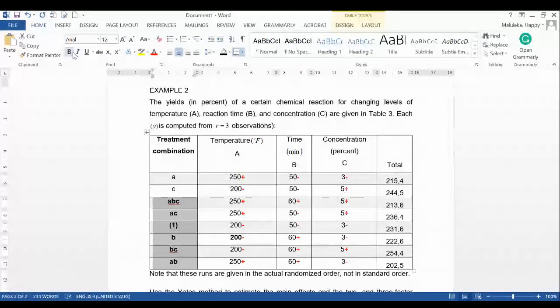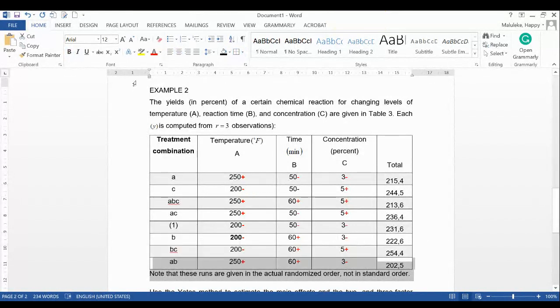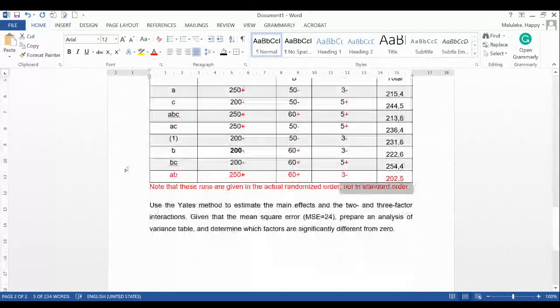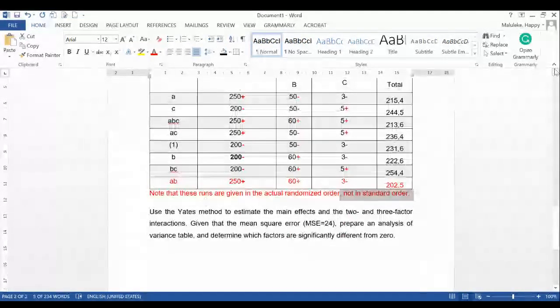So you see, that is why this statement is very, very important: note that these runs are given in actual random order, not a standard order. So if you have to apply the Yates algorithm, let's focus on the question.